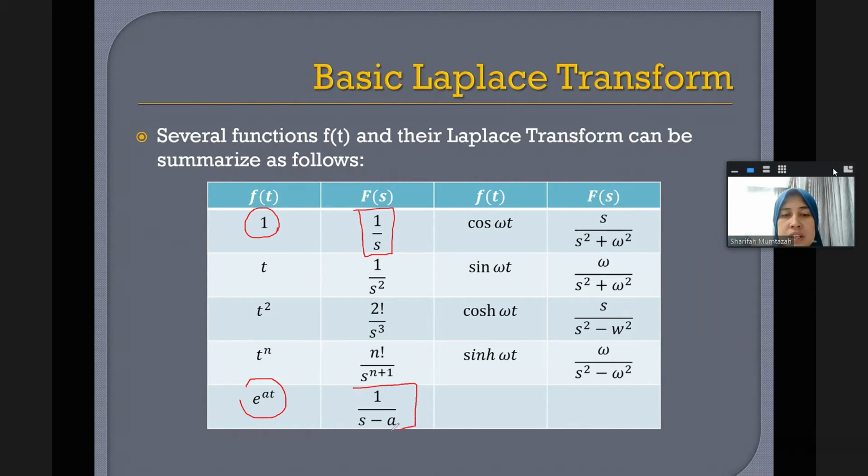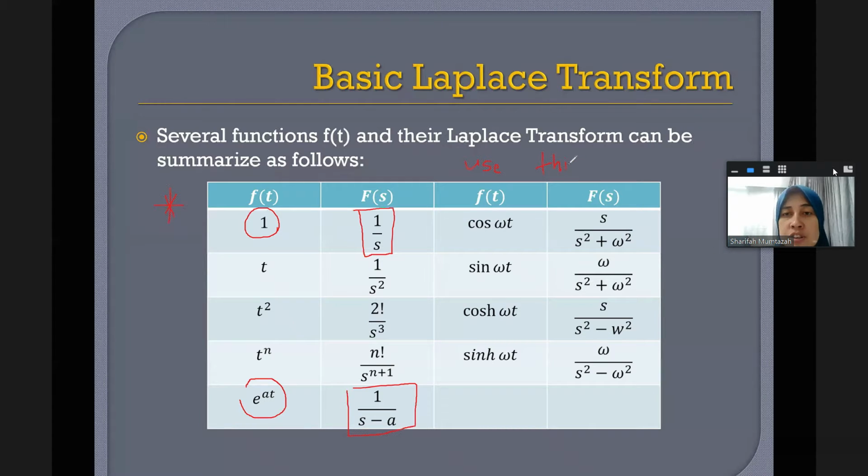Most of the time, we will give you this table. It simplifies it, but you know how you get this table is basically from the integration. So this table, keep note, you will use this a lot. Okay, this is basically a shortcut to it.